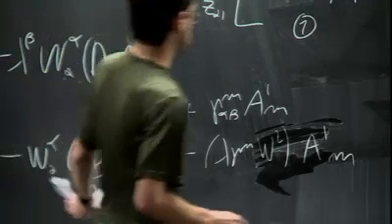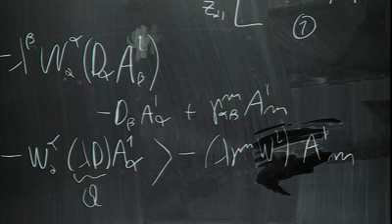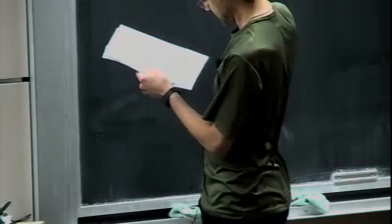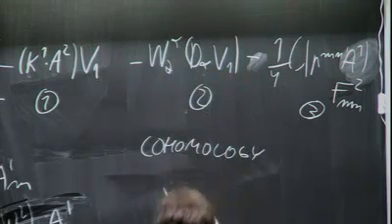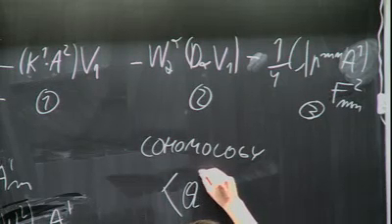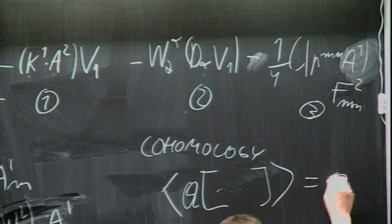So let's do that for that term and see what we get. Let me just emphasize this: the cohomology means that the pure spinor bracket of Q of anything is 0.